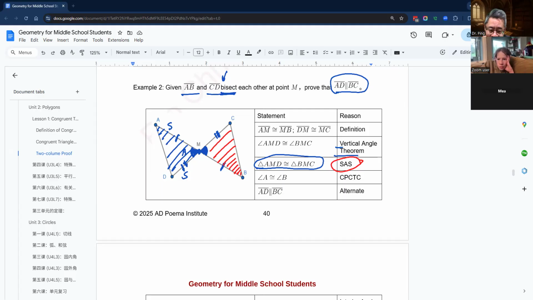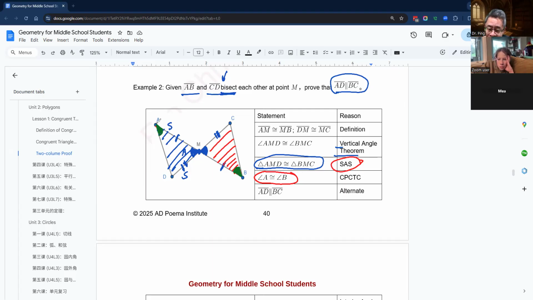Okay, now we proved that they are congruent. So if that's the case, then we know angle A should equal angle B. So this angle is equal to this angle. Well, we need to make sure we got the corresponding parts, okay?